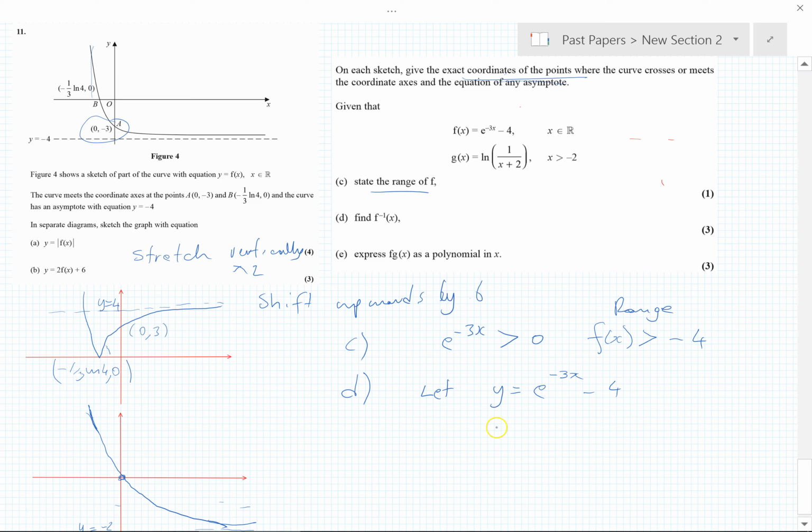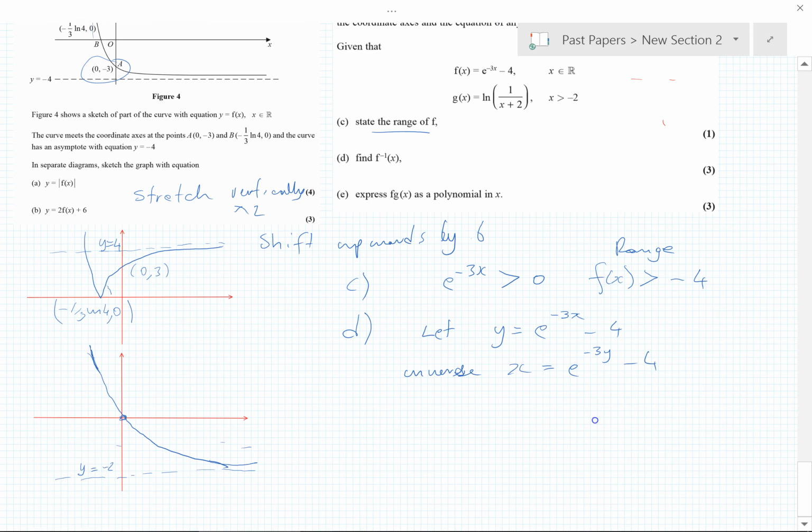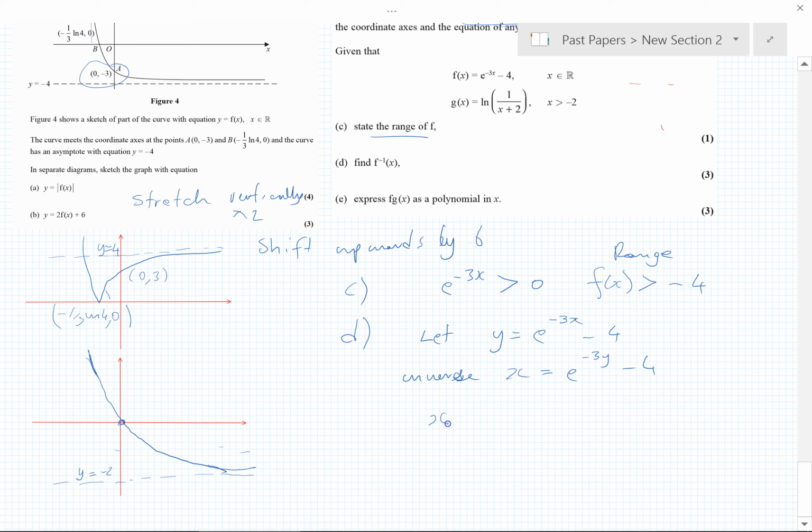I tend to do it straight away. So for the inverse function, x is equal to e to the minus 3y, minus 4. So it's just a matter of rearranging that. So we've got x plus 4 equals e to the minus 3y.